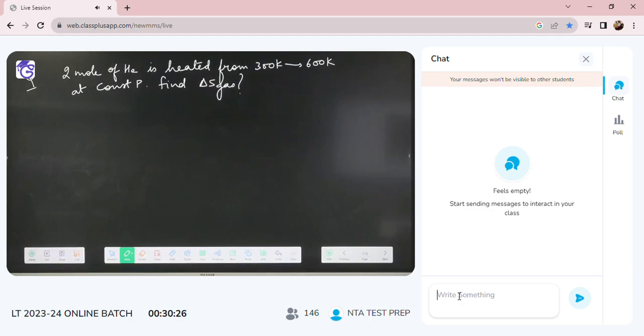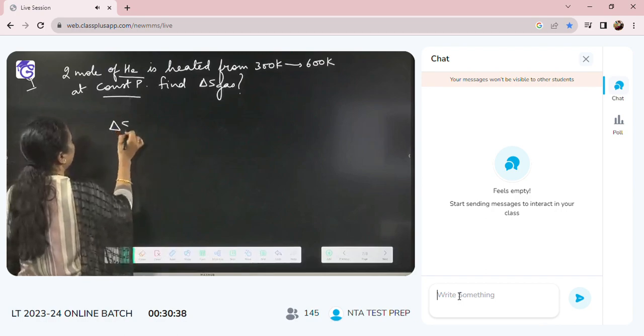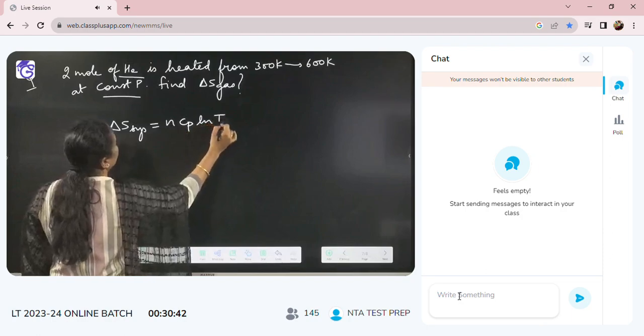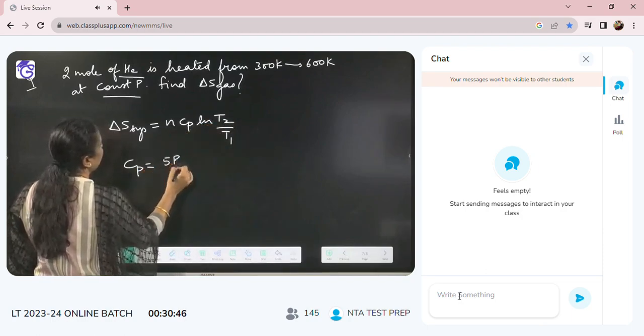Good. Some answers are wrong, but 5R ln 2 is the correct answer. This is a monoatomic gas, right? And I've asked you at constant pressure. So actually delta S system you have to find out, which is NCP ln T2 by T1, and Cp for a monoatomic gas is 5R by 2, right?